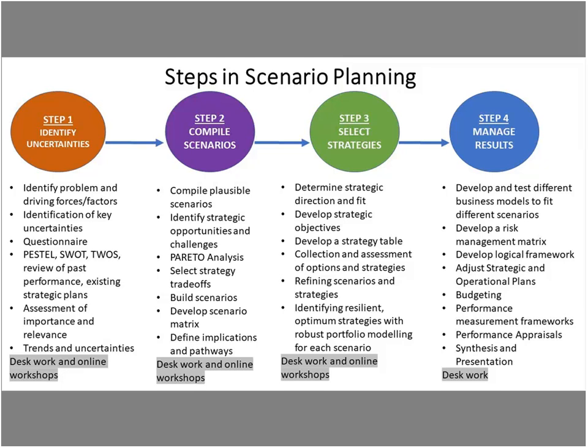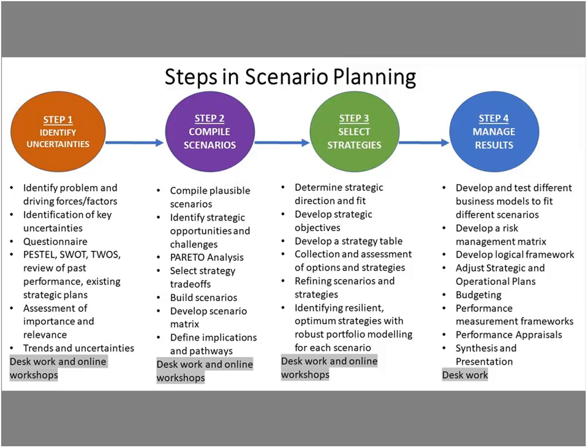And I've given some tools here like a strategy table, the collection and assessment of options of strategies. I'll show you some of the techniques a little later on. Refining scenarios and strategies, and identifying those optimum strategies that can actually change and reposition your organization.